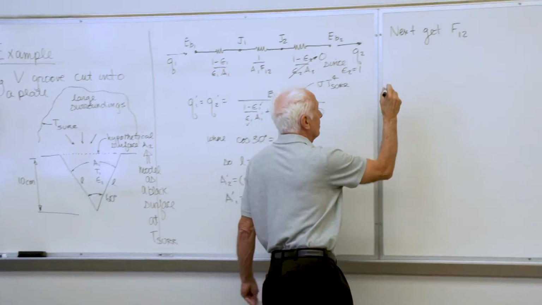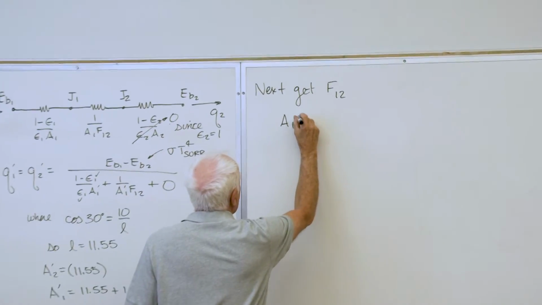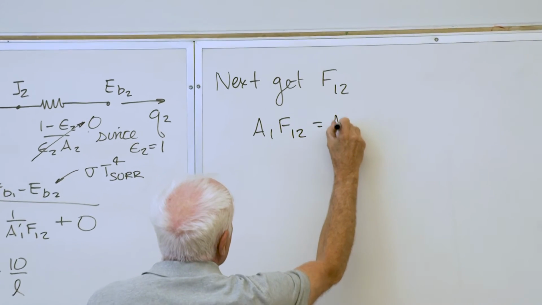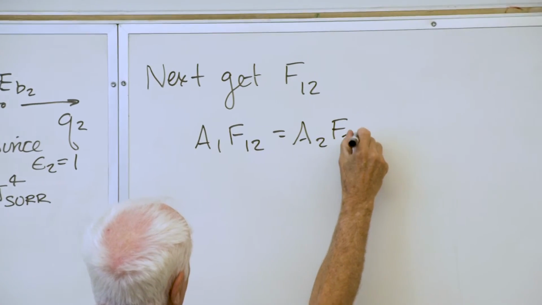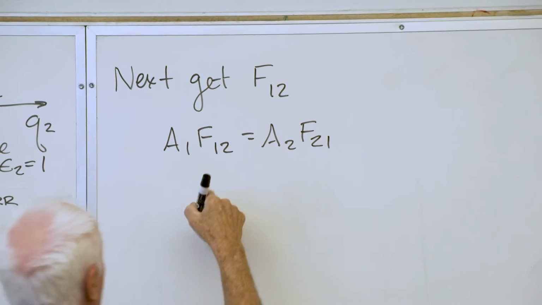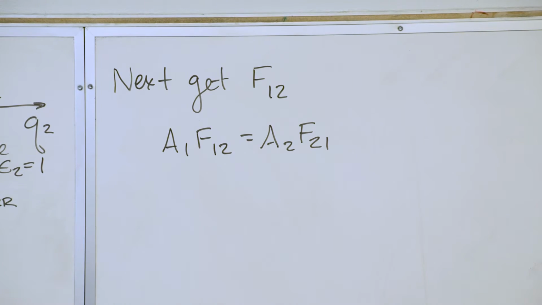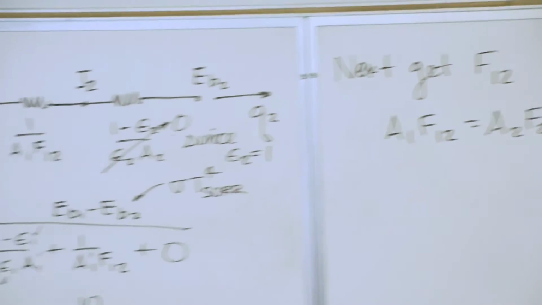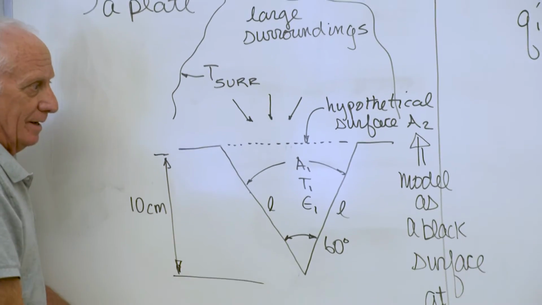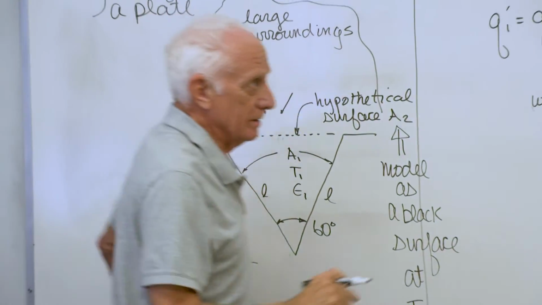I'm going to use reciprocity. Look at my picture. F from 2 to 1. Here's A2, going to 1. F21 is 1.